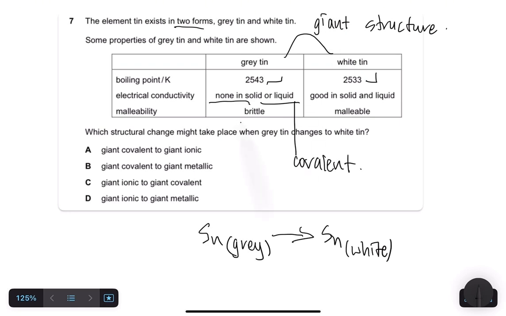And also malleability is brittle, so it's giant covalent. And white tin, good in solid and liquid, that means it has a metallic structure. And also malleable, so it is metallic. Therefore, the answer is B.